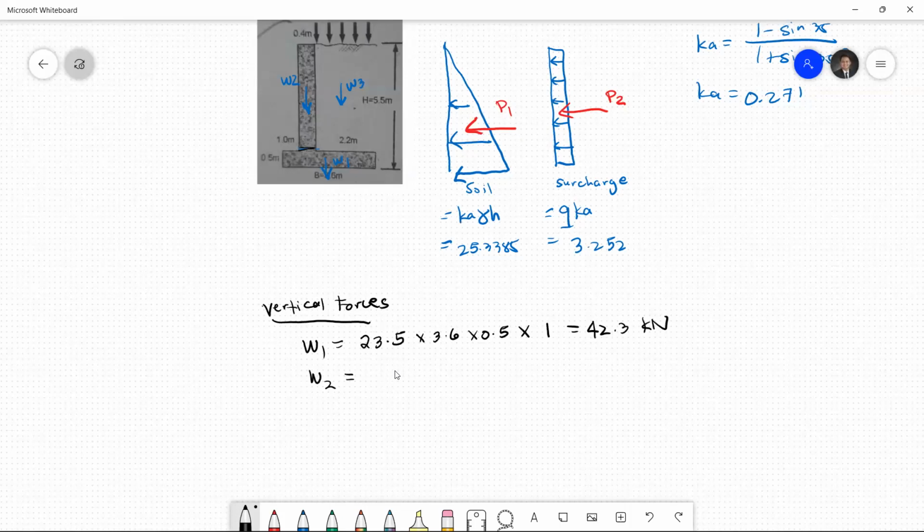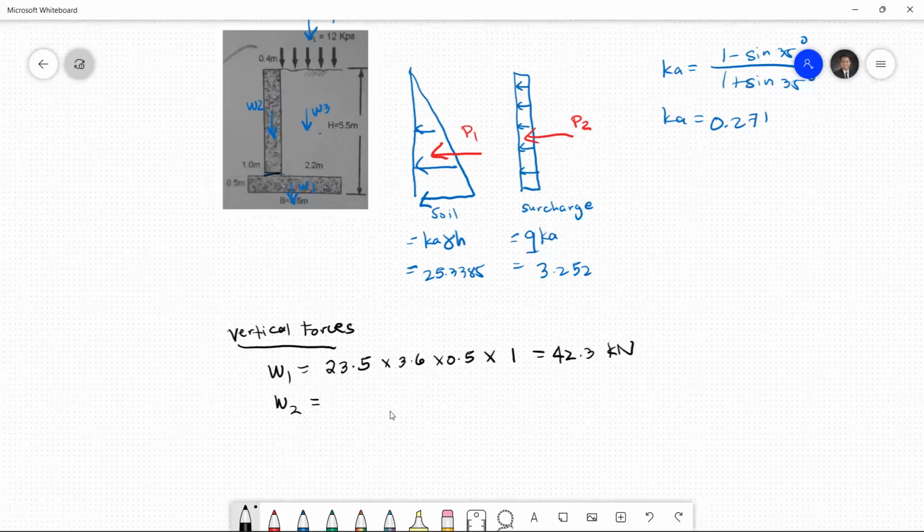W2 is basically 5.5 minus 0.5, that is 5 meters. Okay, then the thickness is 0.4. So therefore, you have here 23.5 multiplied by 0.4 multiplied by 5 meters multiplied by 1 meter strip. You have here 47 kilonewton.